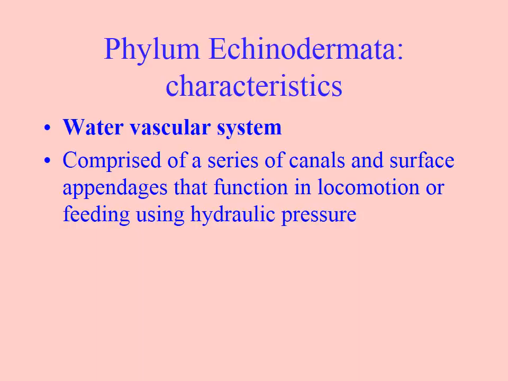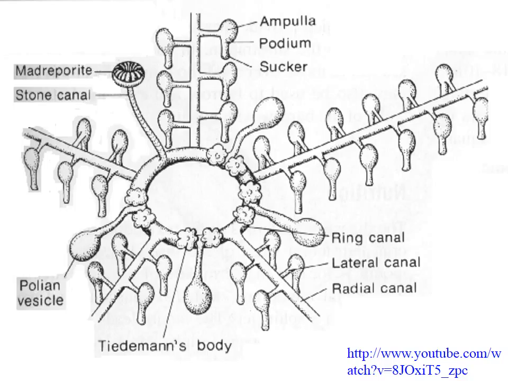They have something called a water vascular system. This is a vascular system, of course, made of tubes that are connected to each other, very much like our blood vascular system. This is a system that all echinoderms have, and it's unique to echinoderms.